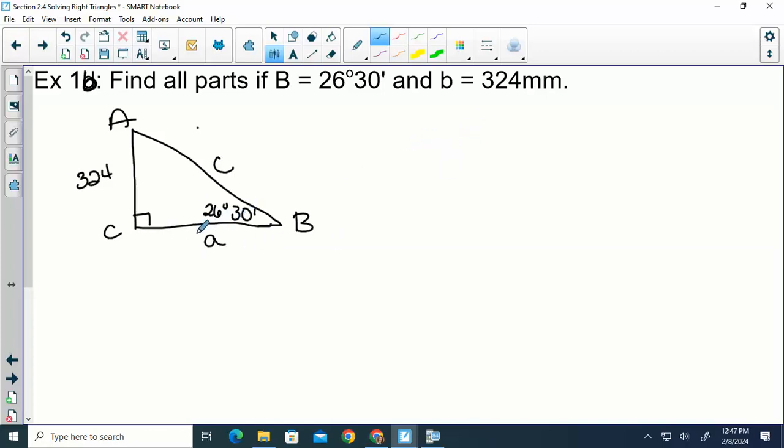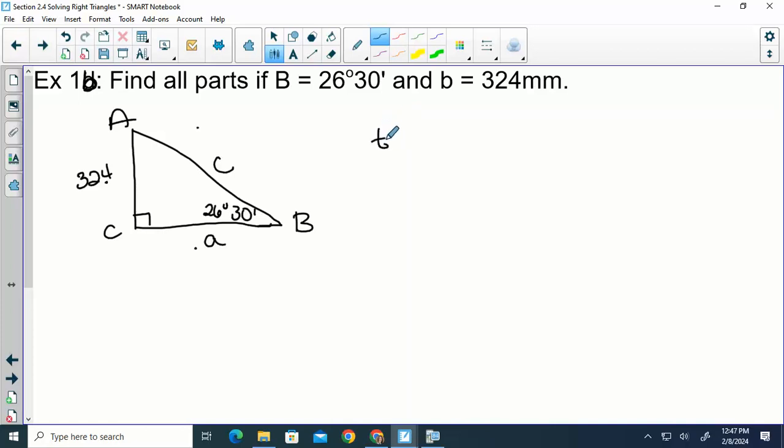So if you want side A from this angle, it's adjacent. But what is this side? Opposite. We could do cotangent or tangent, yeah. If we're ultimately going to use our calculator, which button would be easier? Tangent, if we're going to have to use the calculator.